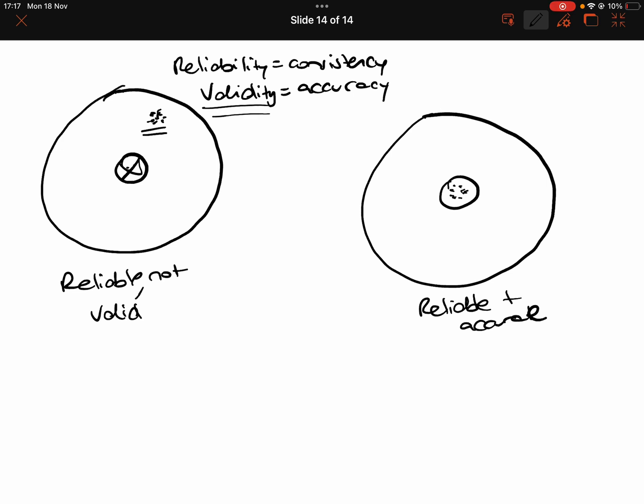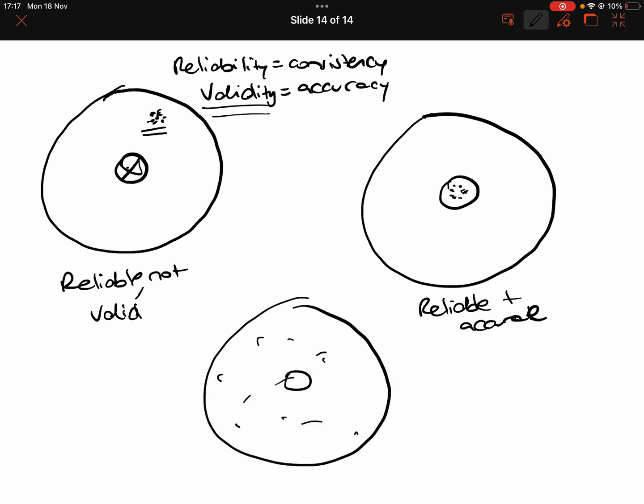It's valid. Or we might have a measure that is neither. It's unreliable and it's not valid. We don't say invalid, we say not valid. So it's not accurately measuring what we want it to measure, and it's not consistently producing the same results.